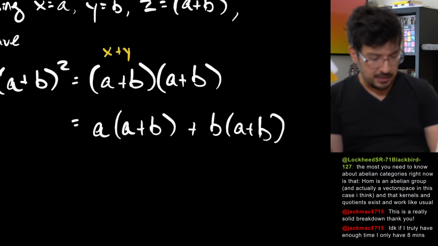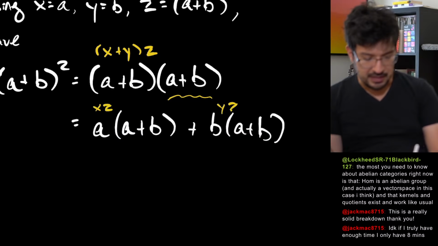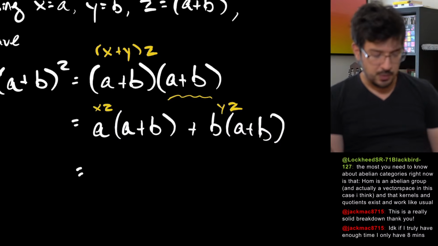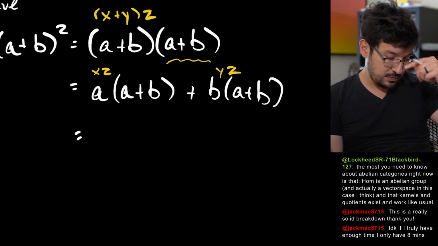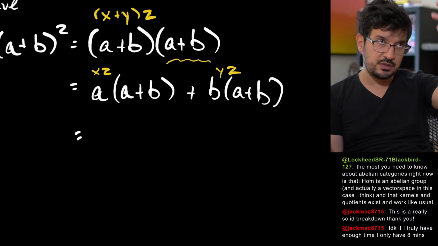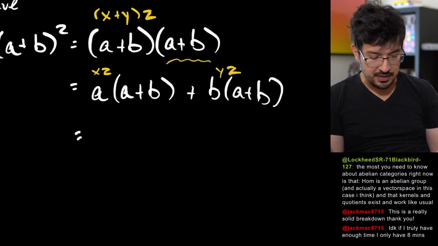This is X plus Y times Z. Think of Z as this entire number. This is some number. And now we have XZ and YZ. You wouldn't write in a proof the yellow parts, but it just helps to explain this step, I think, for those who haven't seen this a lot.